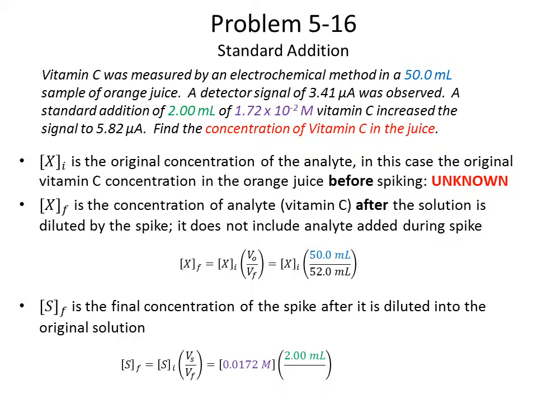The original volume of the spike was 2.00 milliliters, and the final volume, after the spike is added to the original solution, is 2 plus 50, or 52.0 milliliters. Therefore, Sf, or the final concentration just of the spike, is 0.0006615 molar.